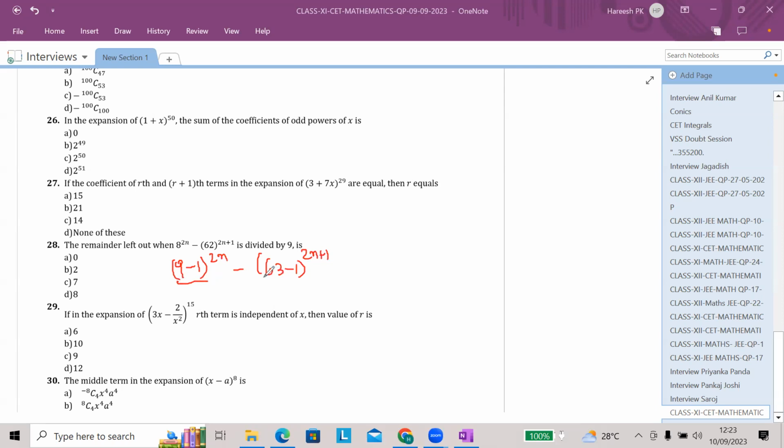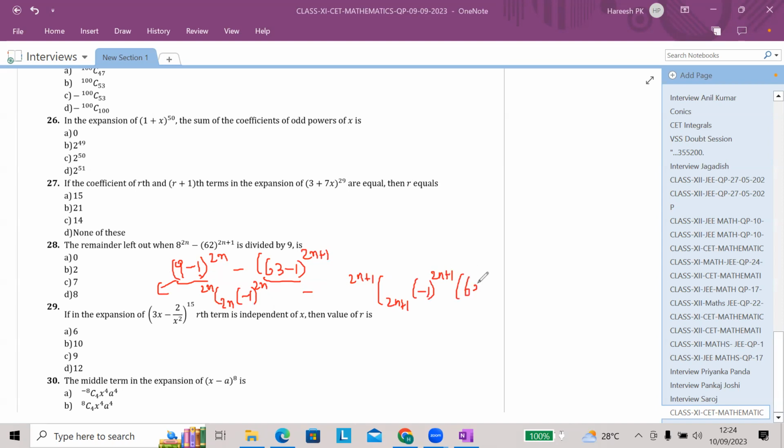So now when I expand this, all terms here will contain 9 except the last term. And what is the last term? Last term is 2nC2n, minus 1 power 2n. And here we have 2n plus 1 C 2n plus 1, minus 1 power 2n plus 1.